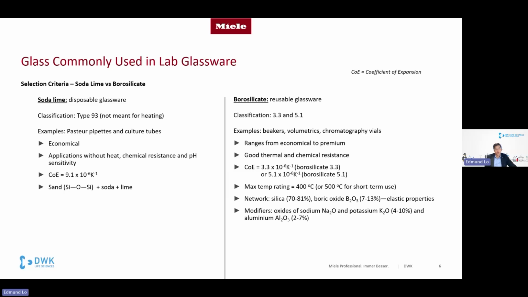Its key advantage lies in excellent thermal and chemical resistance, and it's ideal for heating and handling solvents. And unlike soda lime glass, the borosilicate contains boric oxide, which imparts elasticity and enhances durability of the glassware.